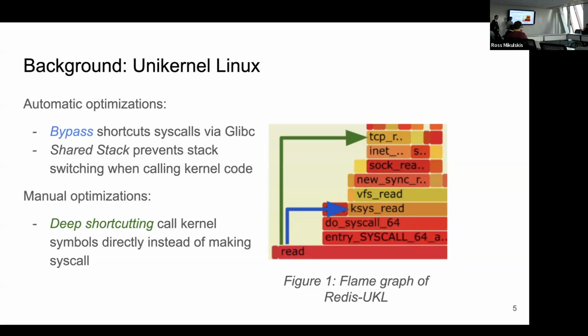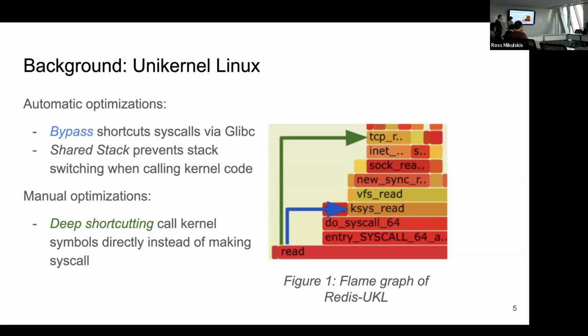If you want to get deep into the kernel and really make some significant optimizations, you can do this thing that we call deep shortcutting, where you call some function down the line after some of the kernel multiplexing and polymorphism.